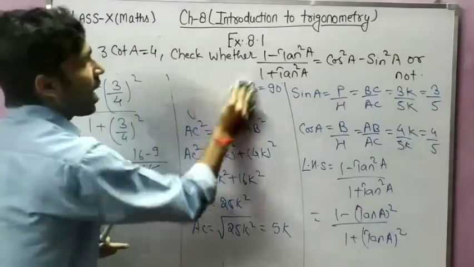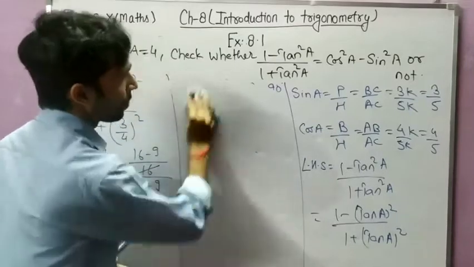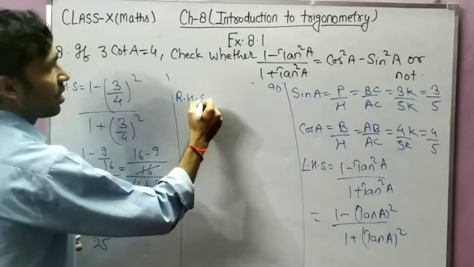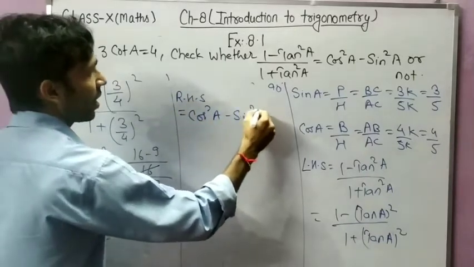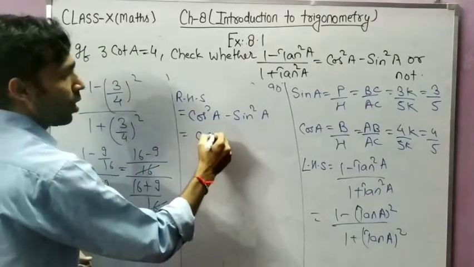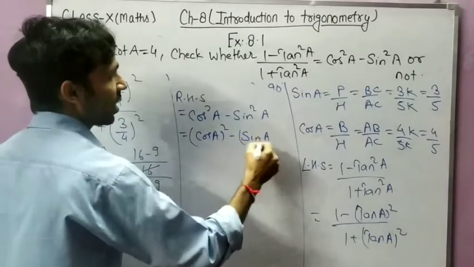Now for RHS, okay, RHS is what, student? RHS is cos square A minus sin square A. So the meaning of cos square A is cos A का square, and the meaning of sin square A is sin A का square.